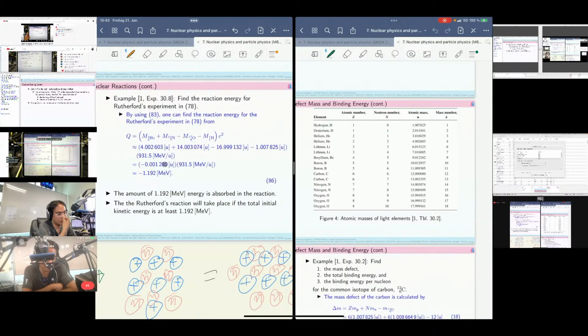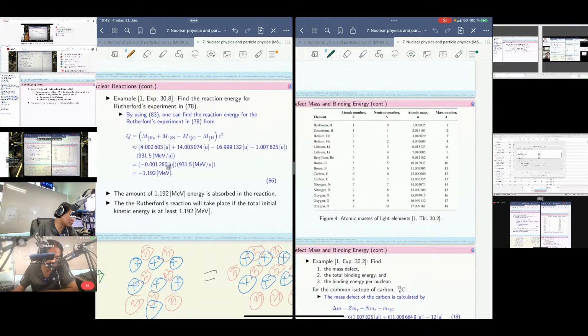Whatever amount you obtain from the mass, you get it like this in terms of energy. One important thing for the Rutherford experiment is that the energy turns out to be a negative value, which is different from the previous one. In the previous one we had 17.35. The mass difference is positive, and the mass difference turns into energy as the output.